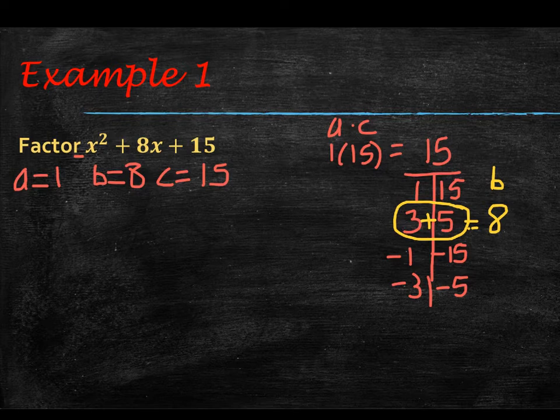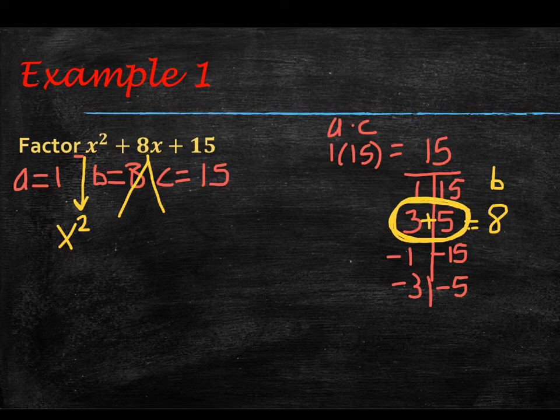At this point, I will take that B term right here and rewrite it. Bring down your x squared, and then that B, we're going to take these factors over here that added up to that B, and write them separately. So plus 3x, and then plus 5x.